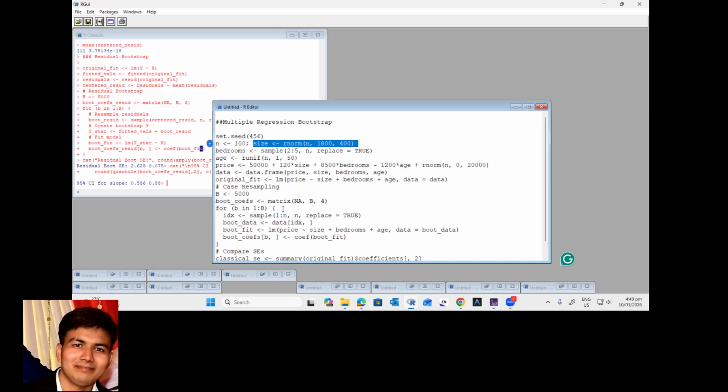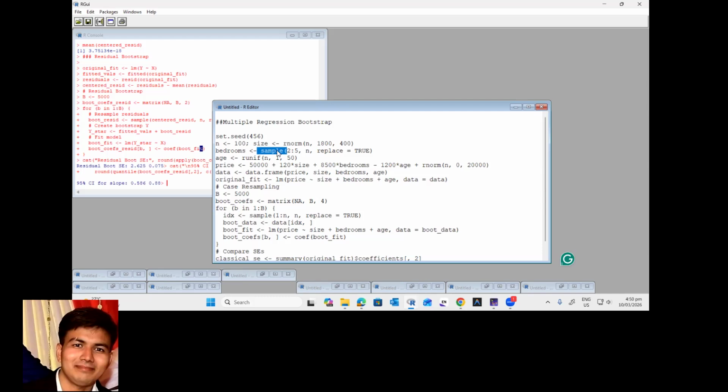For bedrooms, we are generating a sample from 2 to 5, of size n with replace equals TRUE. It means this command is randomly drawing n values from the integers 2, 3, 4, 5.